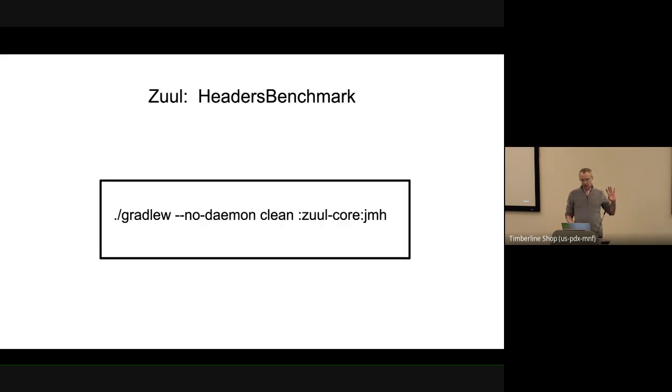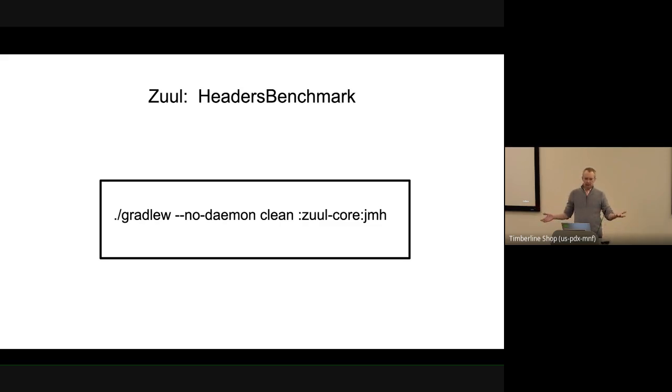Anyway, if you're ever in the Zuul repo, you would typically run the JMH benchmark from the command line. So this is more or less how you'd go about doing that. What this command is actually doing is invoking the Gradle plugin, and then that Gradle plugin invokes the JMH harness, and then the JMH harness may spin off some JVM processes that go and do the work.